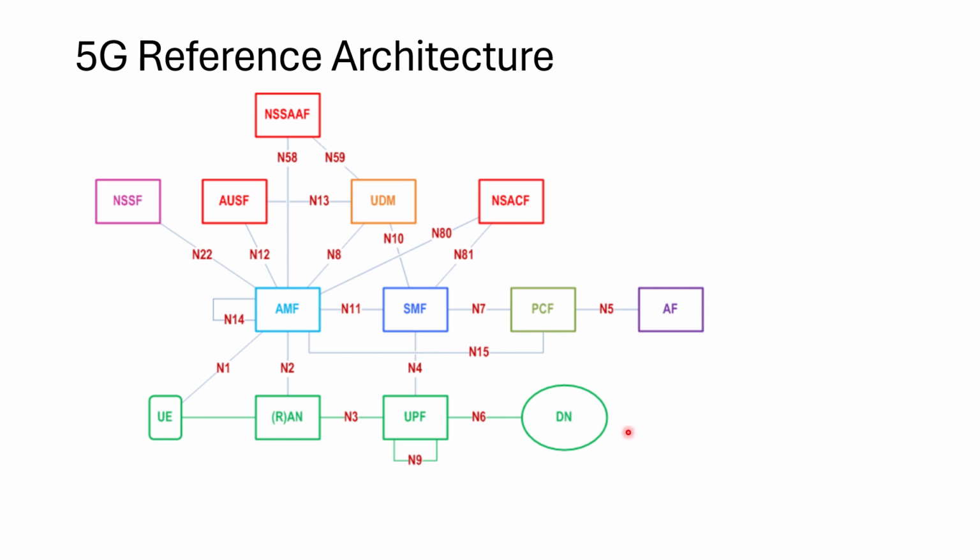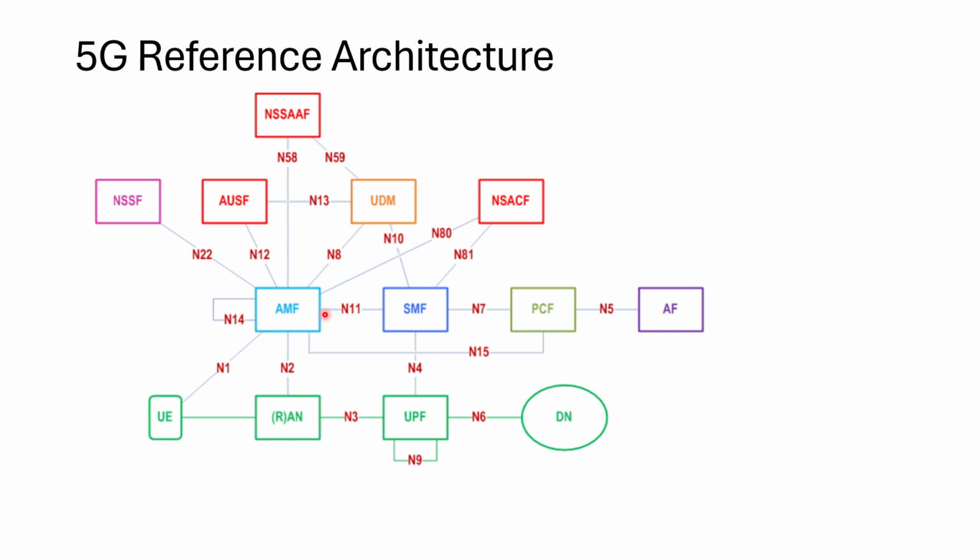Then we have the core control plane. We have the AMF and SMF, and the N11 interface is the interface between the AMF and SMF. When a UE requests a new data session via the N1 NAS message to the AMF, the AMF forwards that request to the SMF over the N11 interface, so the SMF can build the tunnel.